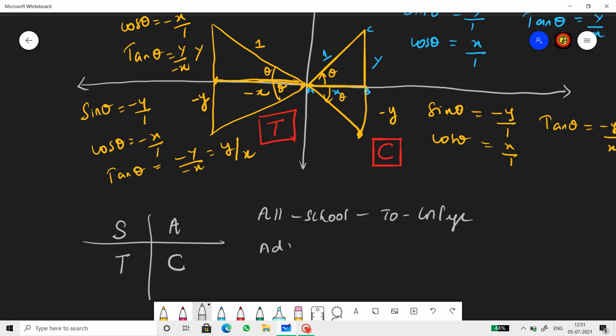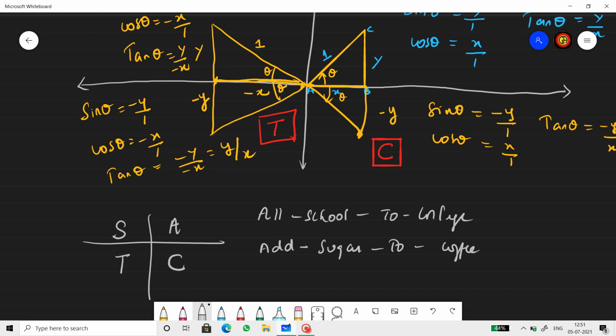Or add sugar to coffee. These are the shortcuts to memorize the pattern, ASTC. So this is how we decide on the signs of the trigonometric functions.